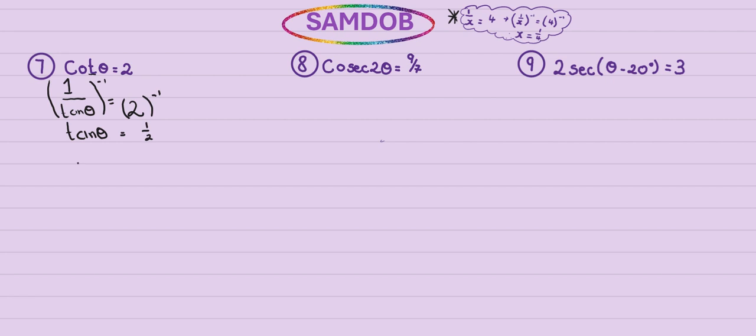So therefore theta, which could have been represented by x, y, or z, we go to our calculator, shift tan 1 over 2, and that answer is 26.57 degrees. Easy peasy. So that is number 7 done and dusted.